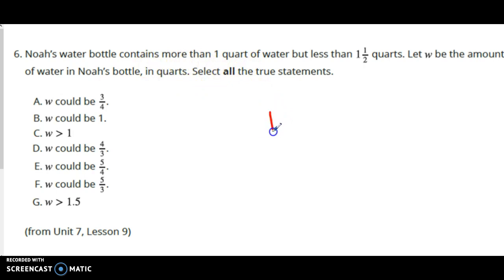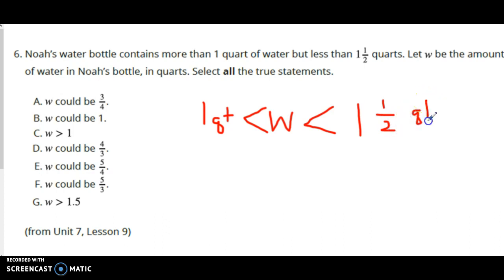So if W is his bottle, I know that W has to be greater than 1 quart. So go ahead and write 1 quart is less than W, just like my paper. But W is less than 1.5 quarts. So I'm going to go like this and write 1 1/2 quarts.